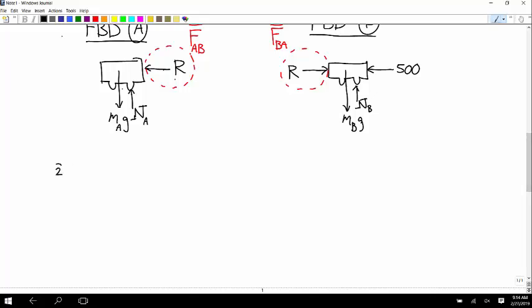The second type of force where we know the direction is pulling forces, pulling contact. Usually this will be with cables.